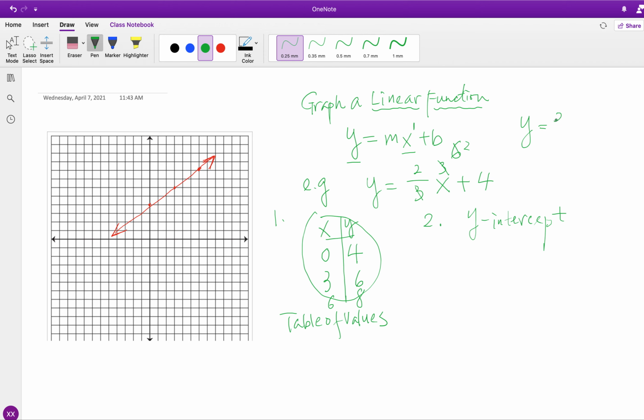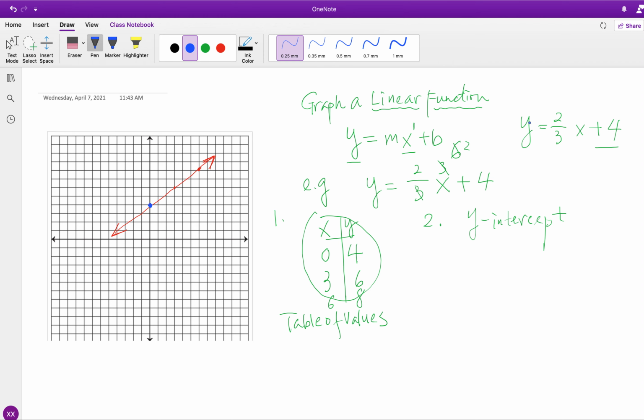It starts from y equals 2 over 3 x plus 4. Then my b is positive 4, so that means my y-intercept is 4. It's right here, because x equals 0 and then y equals 4.